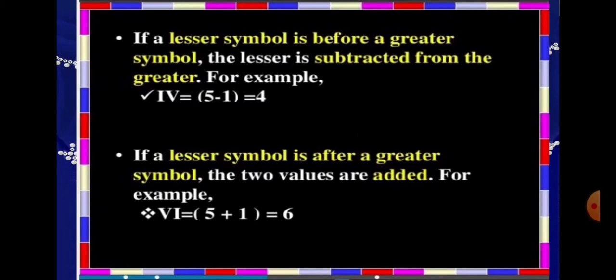If a lesser symbol is after a greater symbol, the two values are added. For example, VI is equal to 5 plus 1, which is equal to 6. That means if the greater symbol is in front, then the smaller symbol is added to it. That means 5 plus 1, which means V plus I.